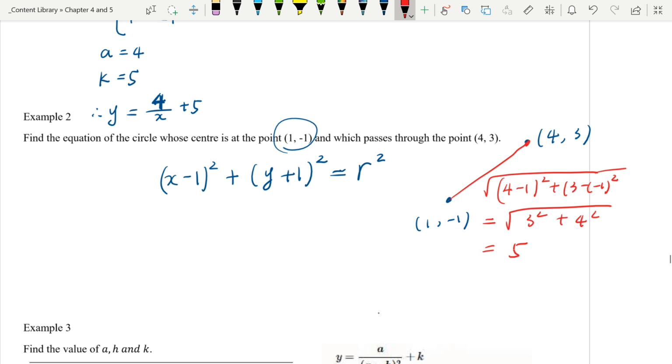If you can substitute, no problem, but I just want you to think about the shape. Center is here, reach any point, you will get the radius. So radius is 5, r equals 5. The equation we have is (x - 1) squared plus (y + 1) squared equals 5 squared.